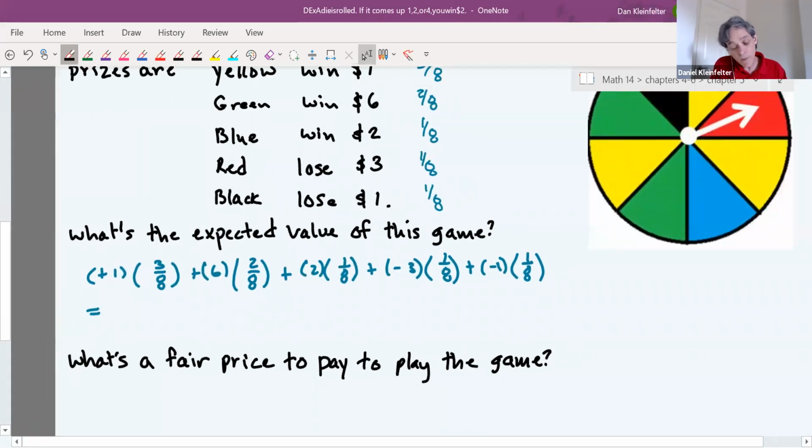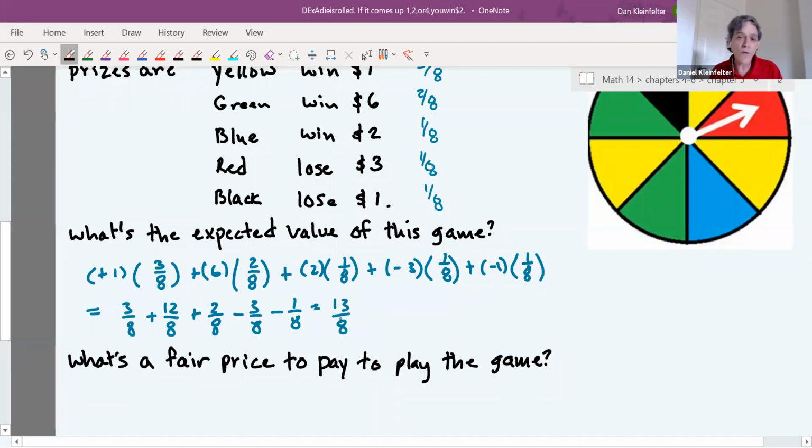So here we've got 3/8 and then 12/8. I'm just going to leave this all as 8s just for simplicity. The next is 2/8, then minus 3/8, and minus 1/8. Okay, so 3, 12, 2, -3, and -1. So that's 15, 17, 14, 13/8.